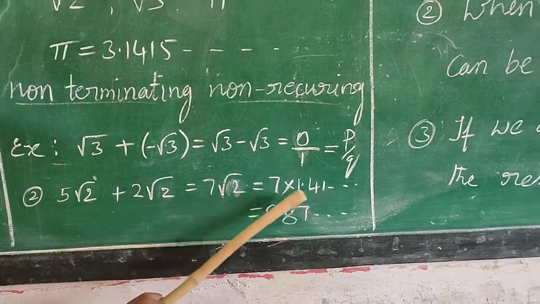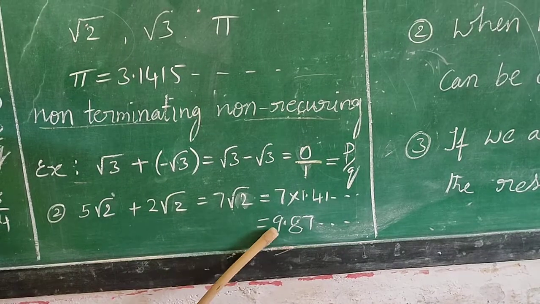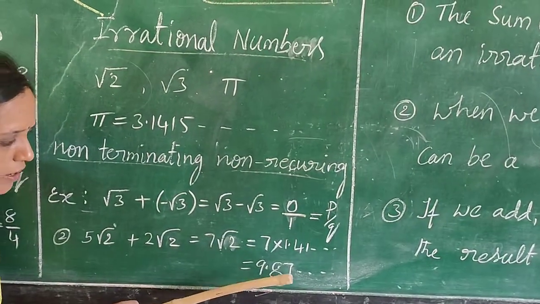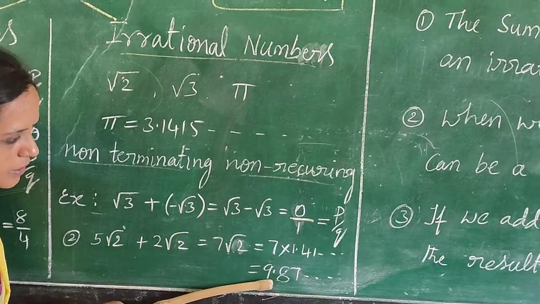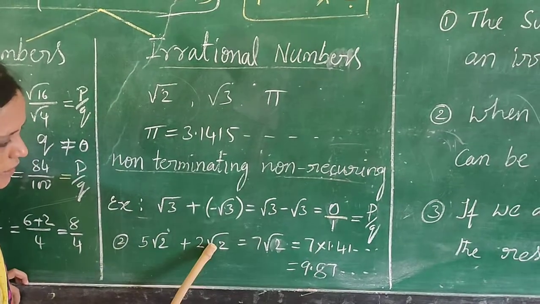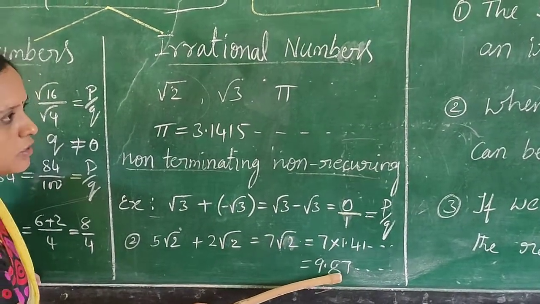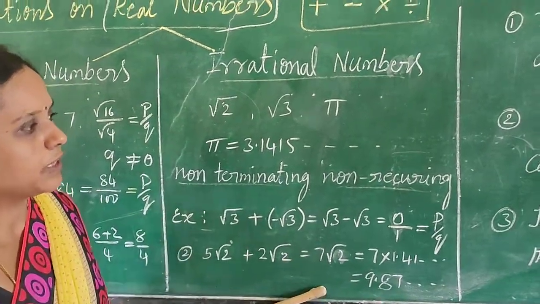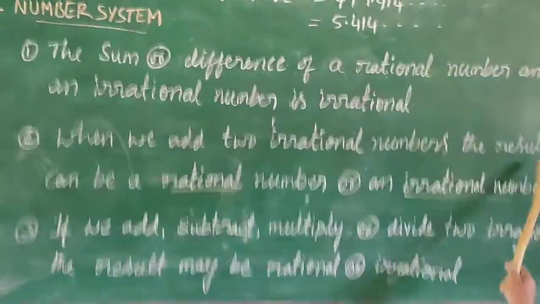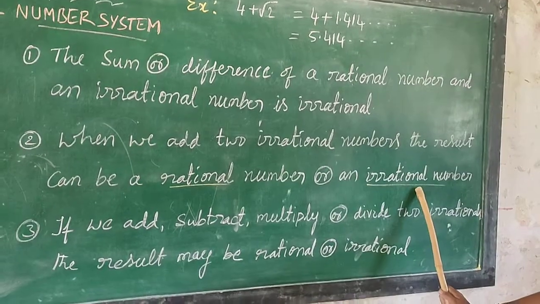The value of root 2 is what? 1.4142 etc. You multiply by 7, we get 9.87. Look at this one. 9.87 is a non-terminating, non-recurring decimal. That's why if we add any two irrational numbers, either it is rational or it is irrational. So this is the second property. When we add two irrational numbers, the result may be a rational number or an irrational number.